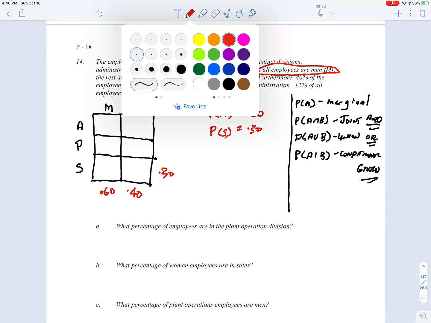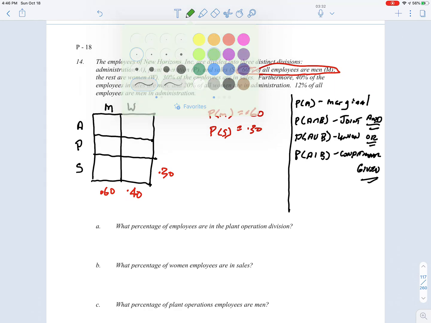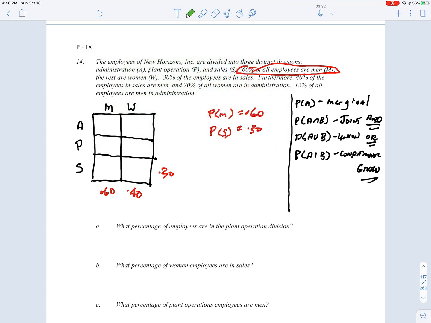Now we get into the statements that are looking at combinations of the two here. Furthermore, 40% of the employees in sales are men. So here's the thing. Remember I talked about prepositions? Here's the preposition. Of those in sales, 40% of those in sales are men.